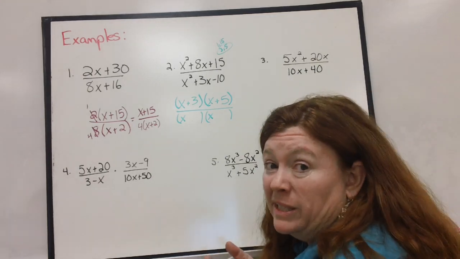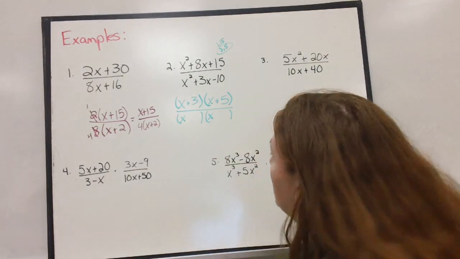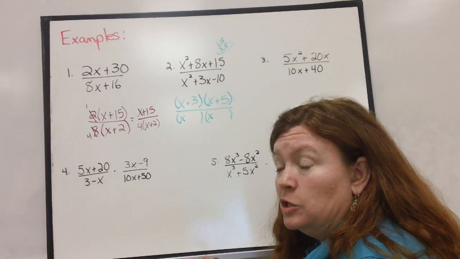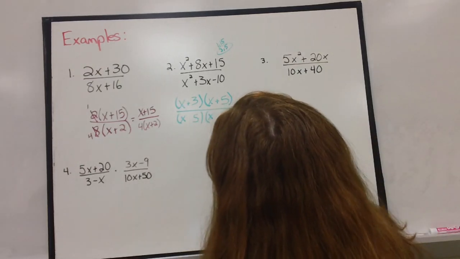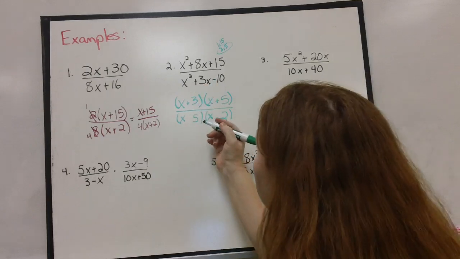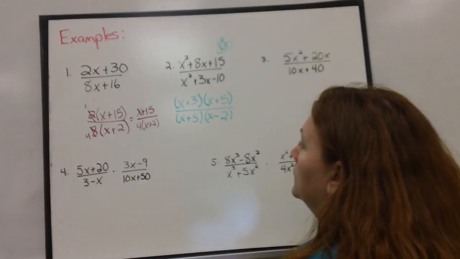Well, 10 is 1 times 10. 1 and 10 subtract to give me 9, so that's not a 3. 10 is also 5 times 2. 5 and 2 subtract to give me 3. So let's do a 5 and a 2. To get a positive 3, it must be a positive 5 and a minus 2.